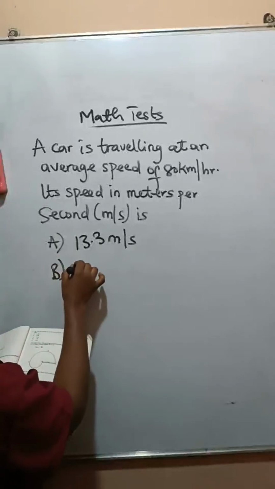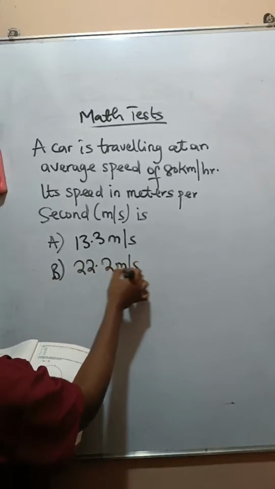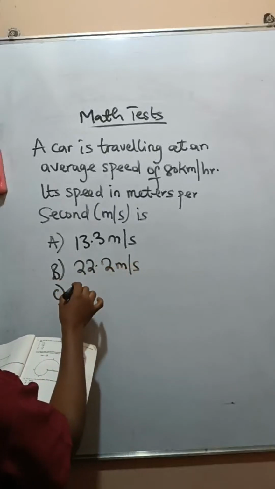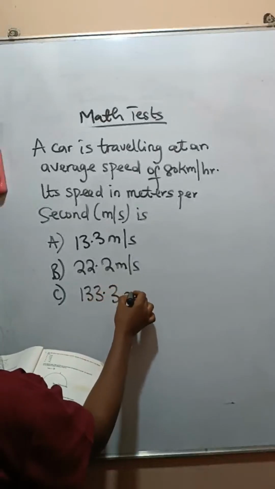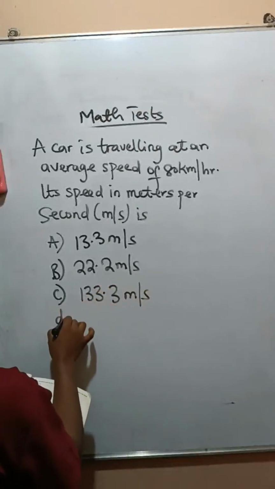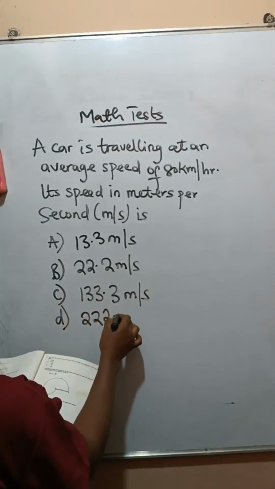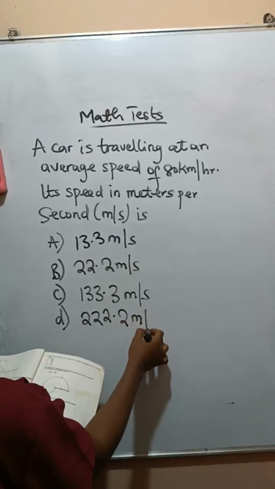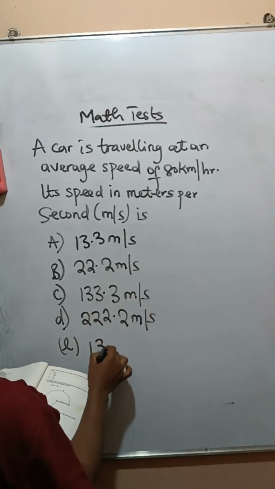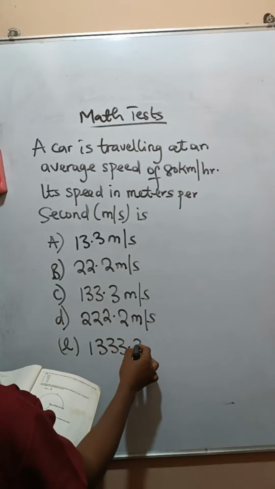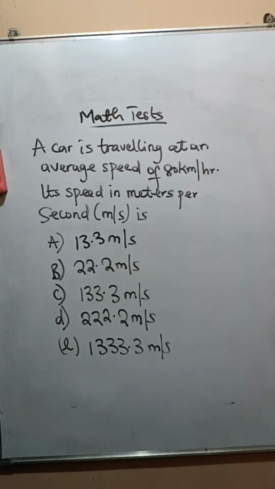Option B is 22.2 meters per second. Option C is 133.3 meters per second. Option D is 222.2 meters per second. Option E, 1333.3 meters per second. So this is the question.